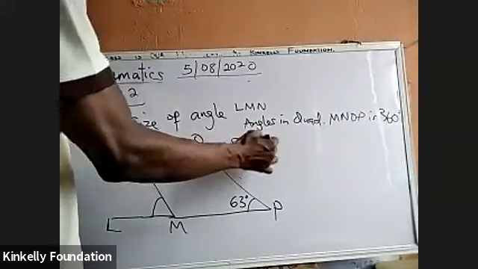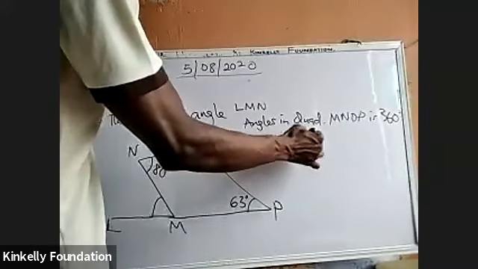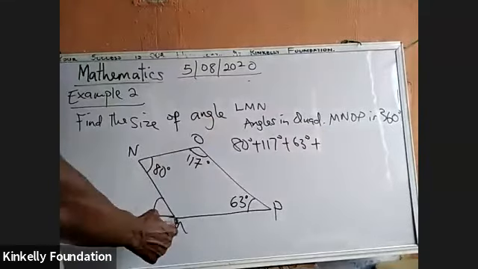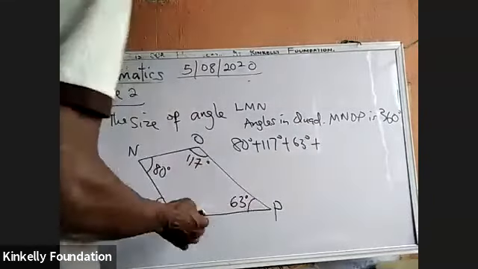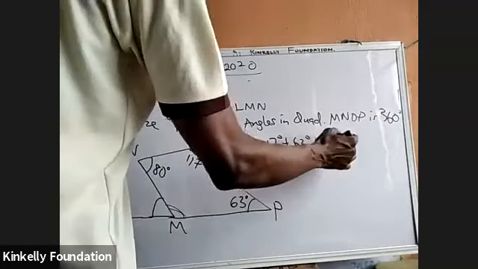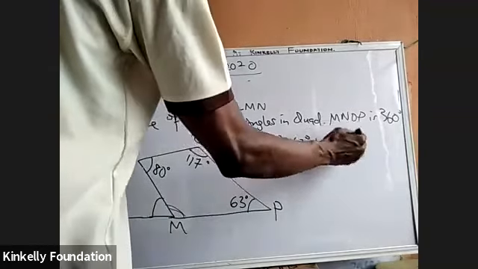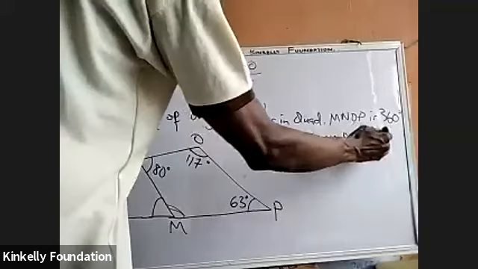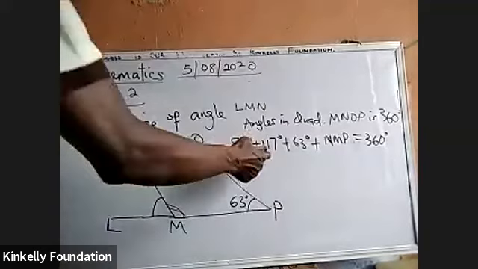So we have 80 degrees plus 117 degrees plus 63 degrees plus angle NMP, which is this angle here, is equal to 360 degrees.